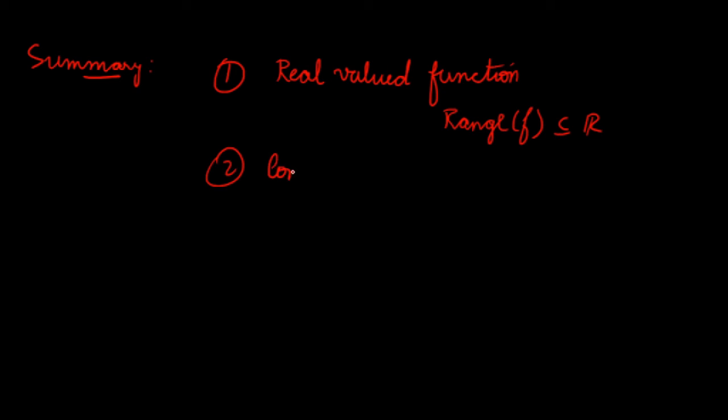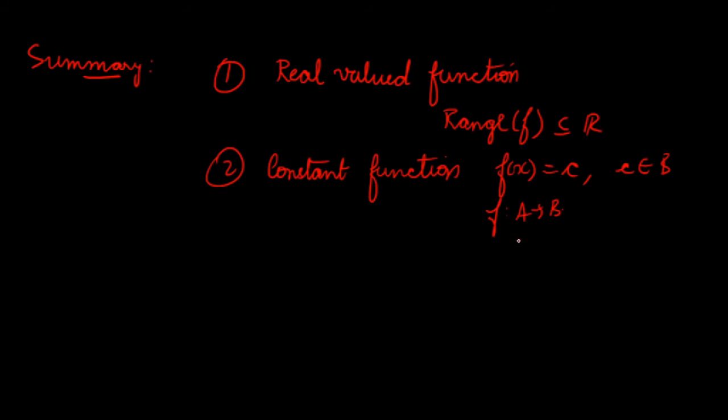The second one is the constant function, which means that f of x is c, where c belongs to the codomain. That is, c is a fixed number in the codomain, where f is a function from A to B. Let's be precise here. And the third one is the identical function.